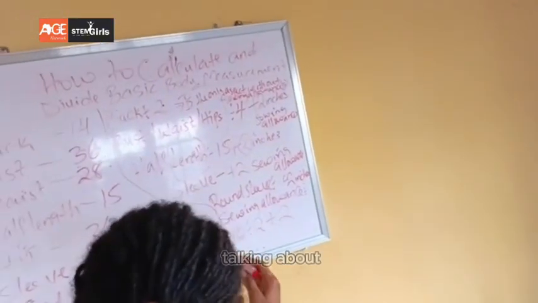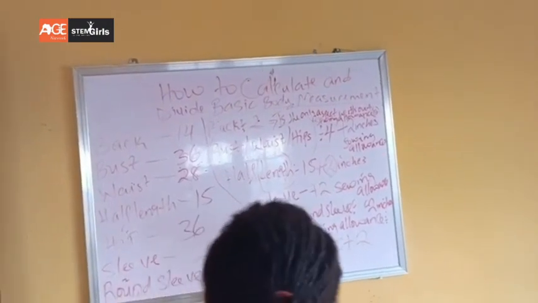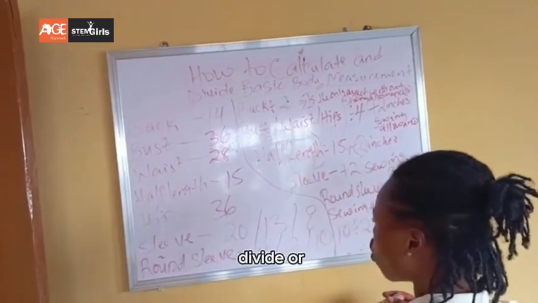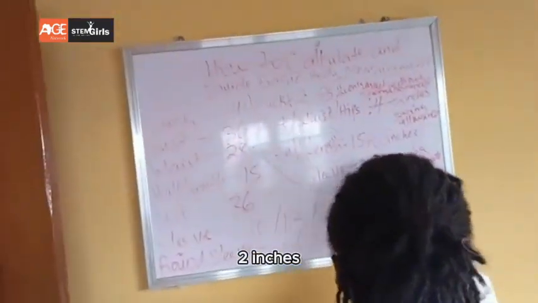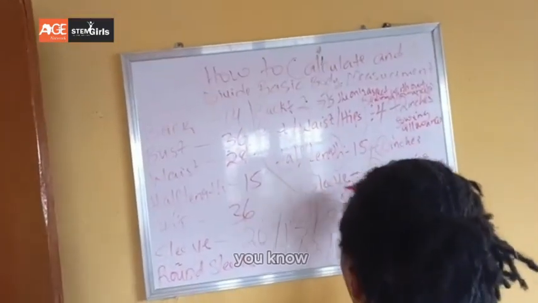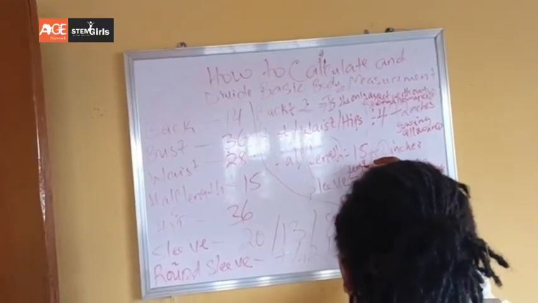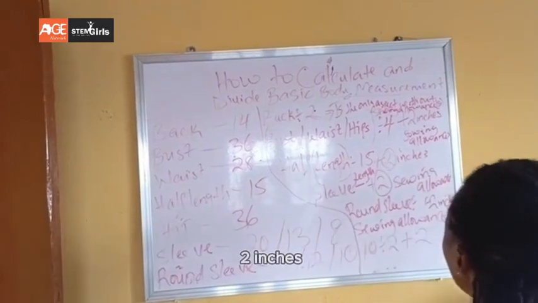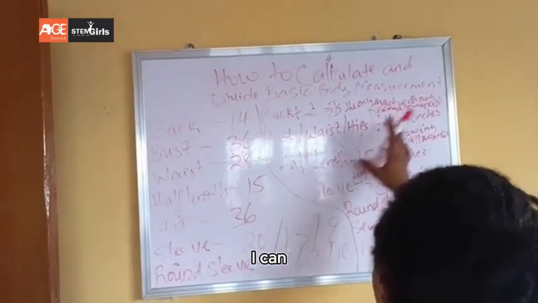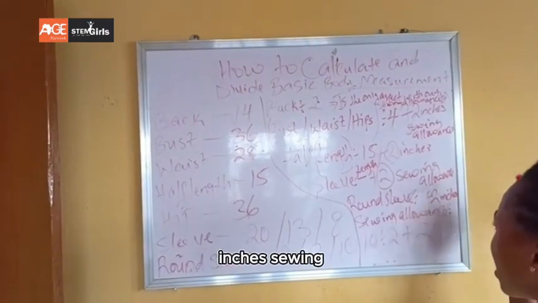For sleeve length as well, you are not going to divide or multiply it. The only thing you need is to add your 2 inches to the sleeve. As you can see on the board, we have written it down. Just add your 2 inches sewing allowance.